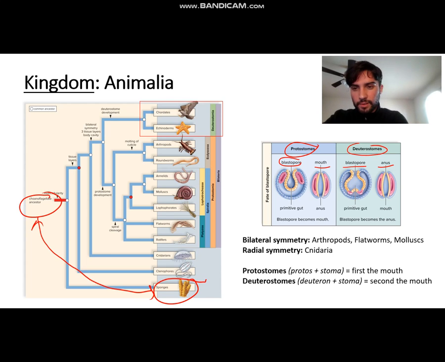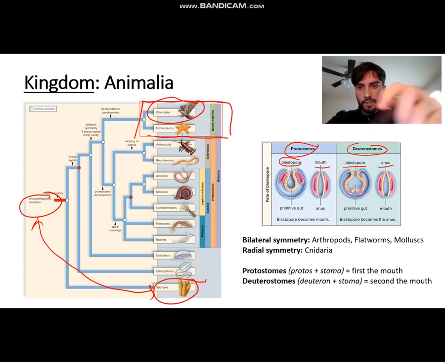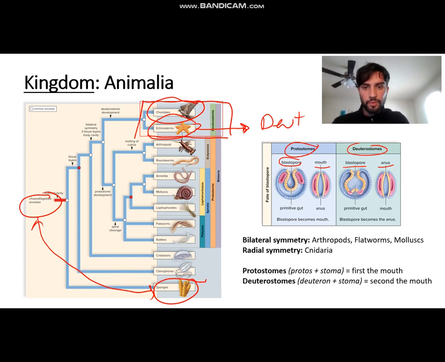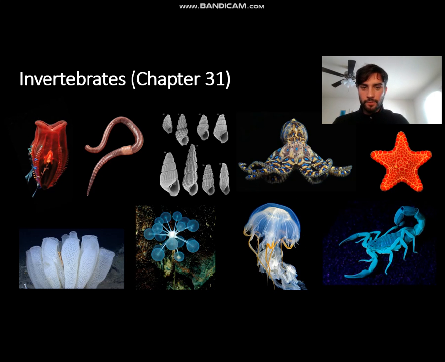And okay, so here we have the only phyla that are deuterostomes, so that the anus develops first, which are chordates, that includes fish, reptiles, mammals, and echinoderms, which includes sea urchins, sea stars, crinoids, and so on. So this is the only invertebrate group that has deuterostome development, the echinoderms. Okay.